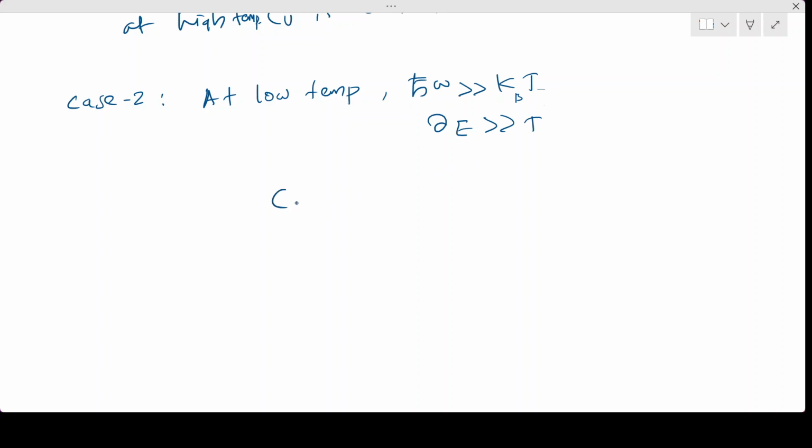So your Cv becomes 3R (θE/T) whole squared, e raised to θE/T, and in the denominator you have a term e raised to θE/T minus 1.